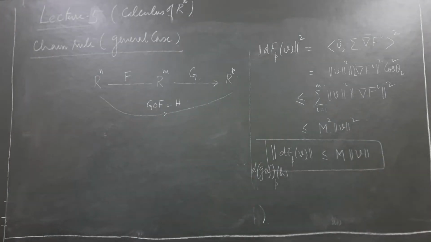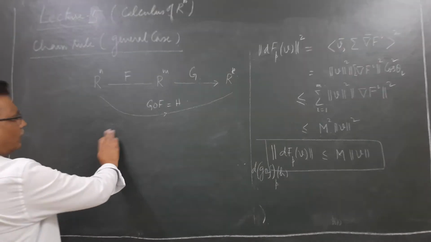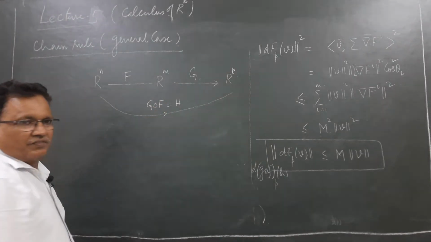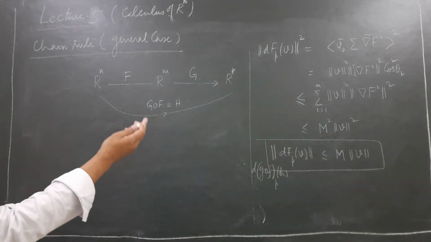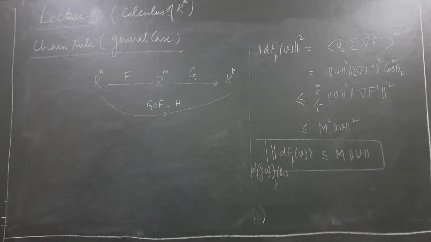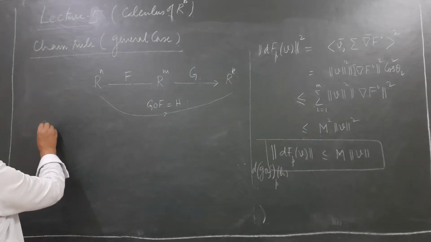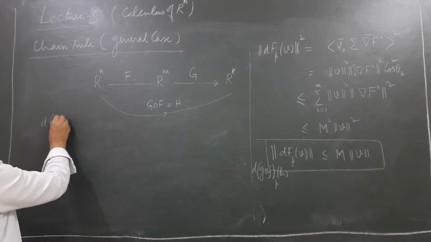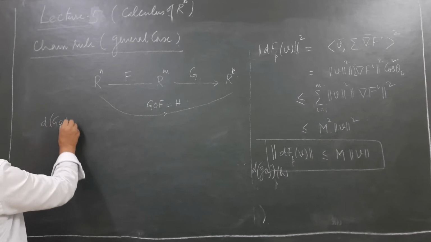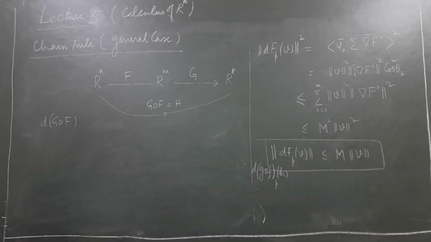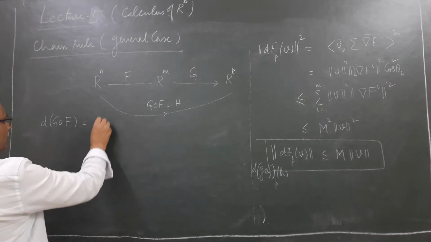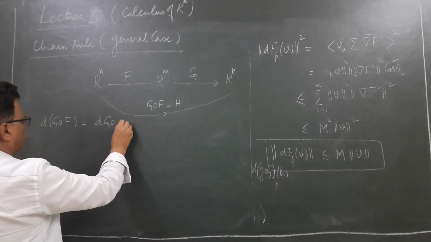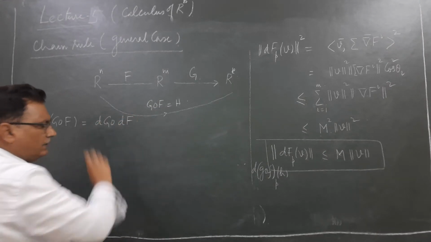So I have to see what about the derivative of h, whether it satisfies a similar kind of chain rule. The answer is yes. What I will be showing is that d of g composition f, that is d of h, is equal to dg composition df.